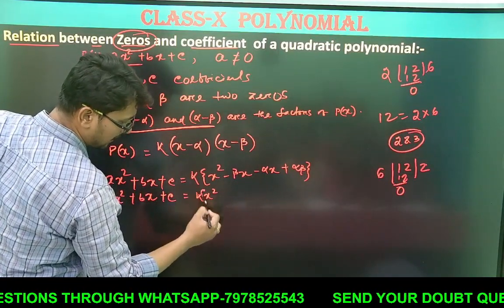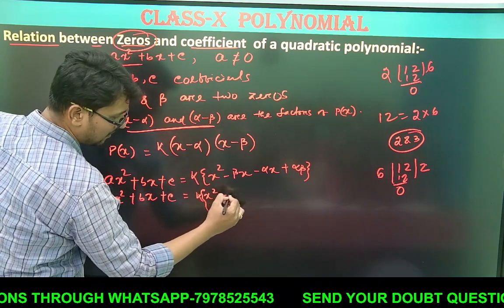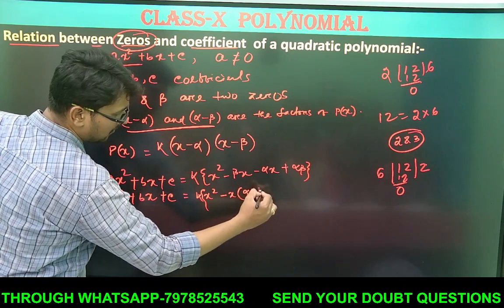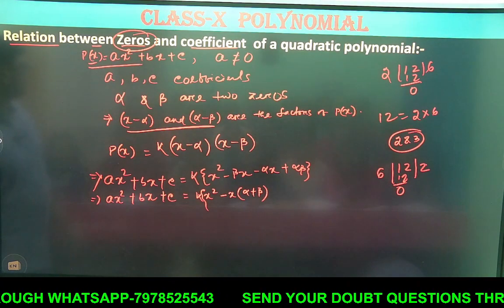I'm not multiplying k now. x square, what is common? Minus x is common. I can write alpha plus beta. Beta plus alpha is left, but beta plus alpha can be written as alpha plus beta. Any doubt?